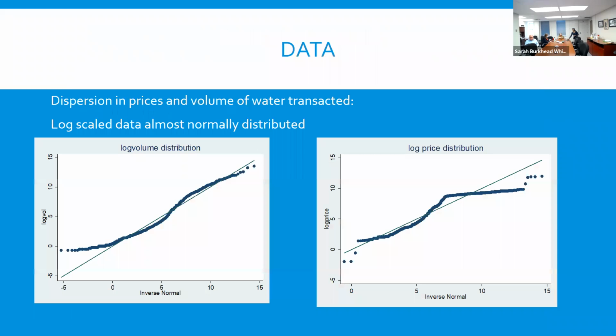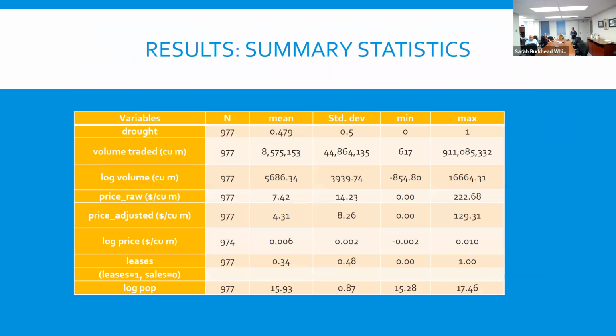You will see in the summary statistics, 977 observations in total. So my sample had 977, which is far less than what the UC Santa Barbara BREAD data set originally had.